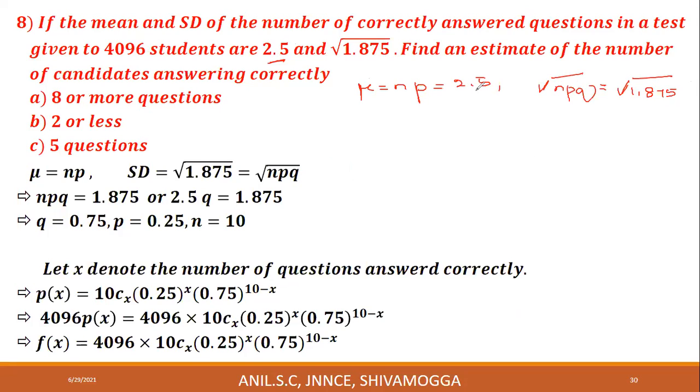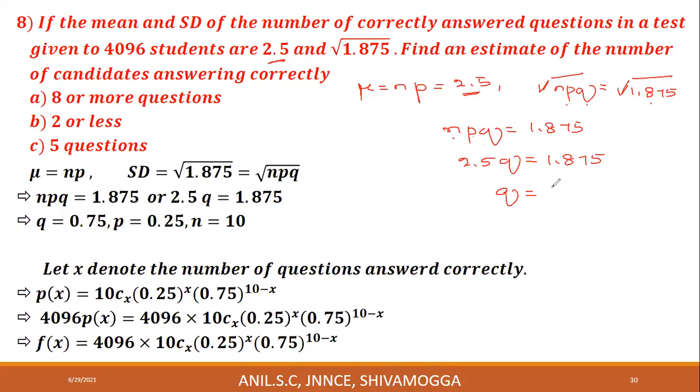It is given that NP is equal to 2.5 and square root of NPQ is equal to square root of 1.875. Therefore, NPQ is equal to 1.875, and NP is equal to 2.5. Therefore, N into P, 2.5, into Q is equal to 1.875.